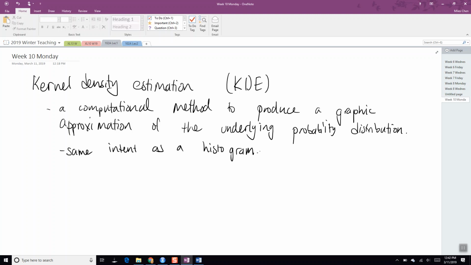Okay, but it's more computational, and really it's only possible because of the computer, and in a lot of situations, you get these smoothed out plots, okay? Same intent as a histogram, but more computational and produces generally smoother plots.